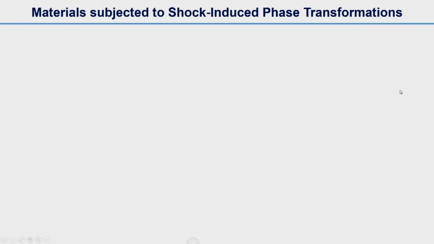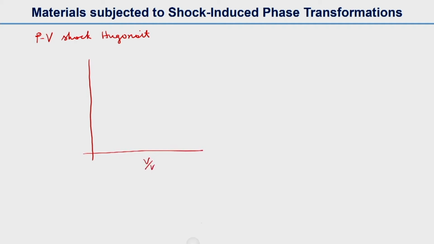So we can also see a pressure volume shock Hugoniot of this iron. So you have specific volume here, pressure in gigapascal. It is 1.0, it starts from here and it goes like this.